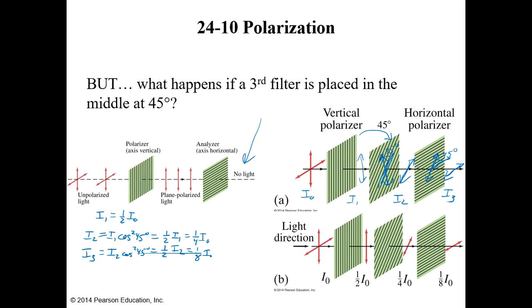But now that polarized light is at a 45-degree angle, as it jumps to the horizontal filter, there's now a component to that light that is parallel to the horizontal filter. And so it allows light to pass through. Really interesting little phenomenon that happens there.